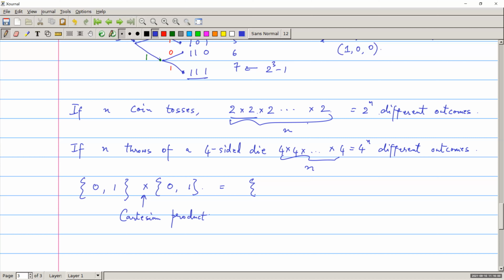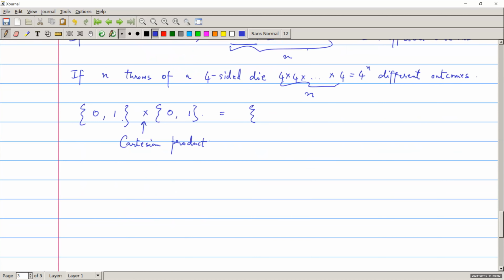What it means here is that your first set, 0 and 1, I write it like a tree which has 2 limbs, each one corresponding to one of the elements of this set. The second set is also a tree, 0 and 1, but you attach it to every single outcome of the first set.